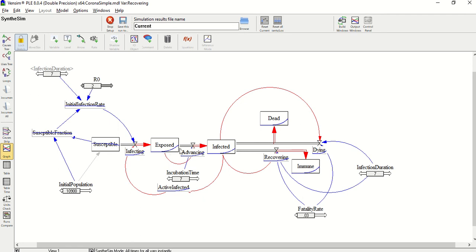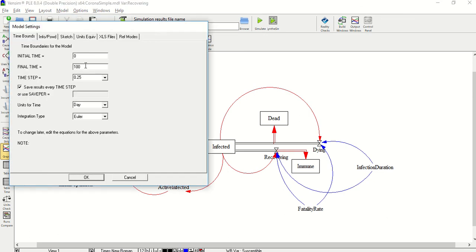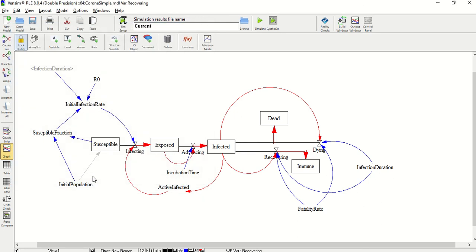So then we have this lovely, well, we can't even see where it goes. So we're going to stop. We're going to go to Model, Settings, and instead of 100 days, now we're going to go to 300 days. And OK.